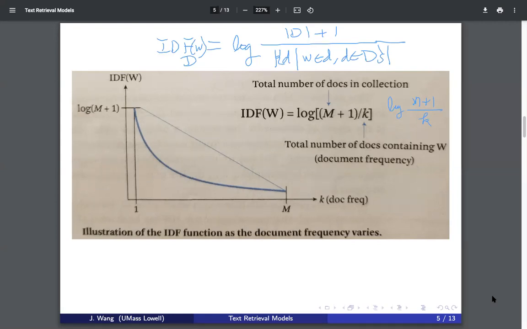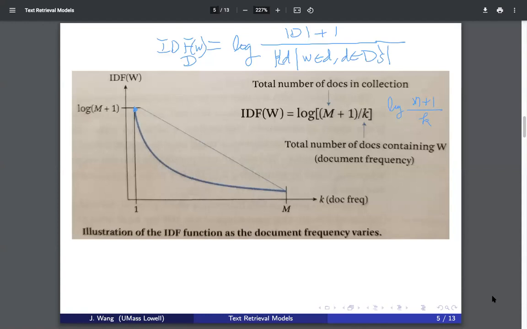If only one document contains this word in the corpus, obviously you want it to have a larger weight, because that word really means something, since only one document contains it. So this is the highest. Gradually, as more documents contain that word, the weight of that word decreases following this curve.